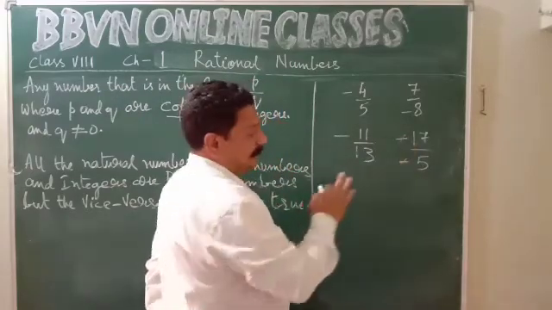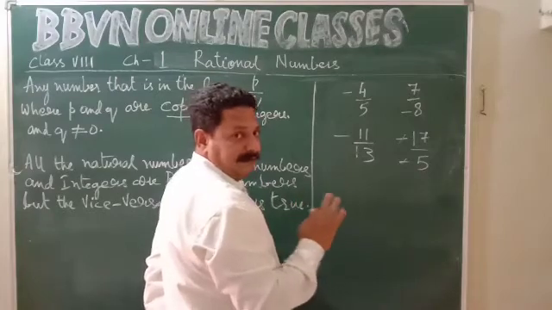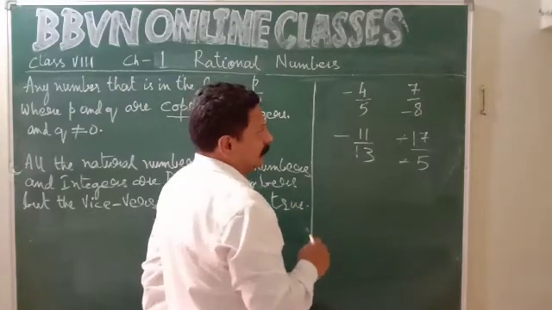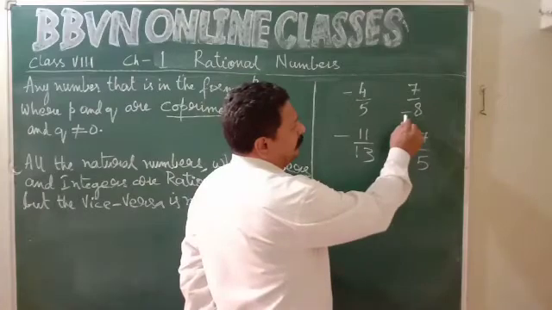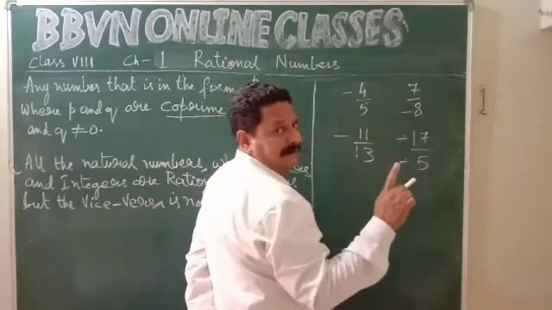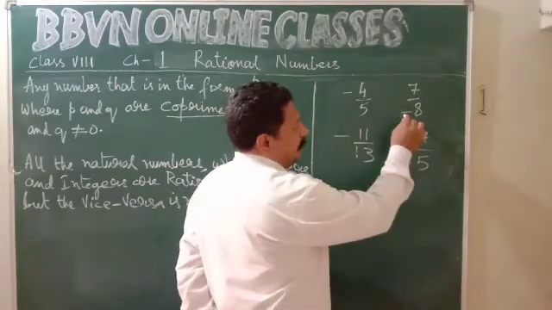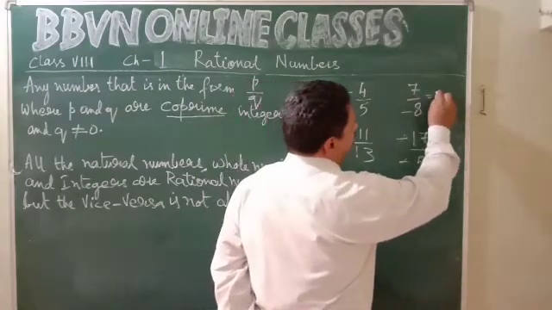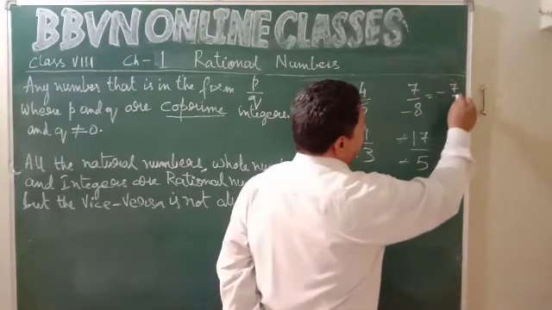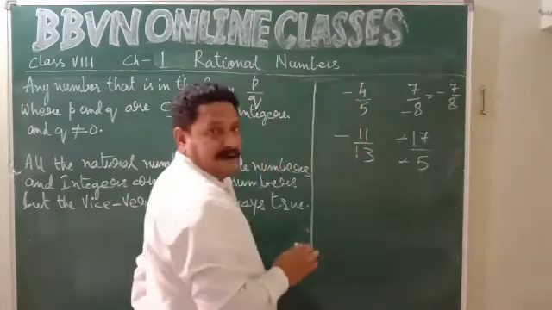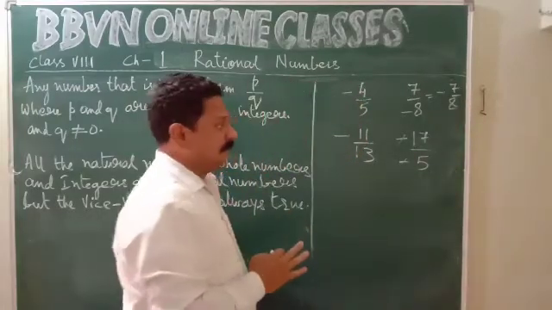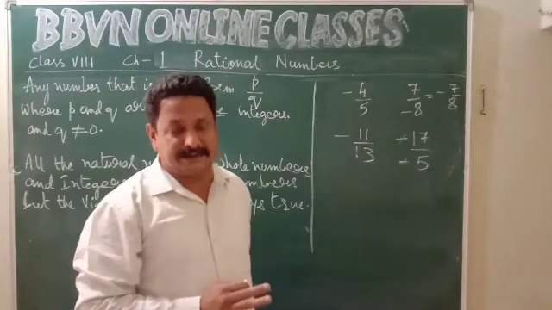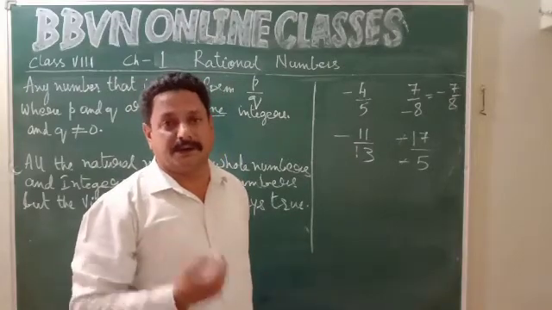They get cancelled out. The negative sign is nullified. And whenever you have only one negative sign, it can be written in the numerator. So 7 upon minus 8 can be written as minus 7 upon 8. Understood?